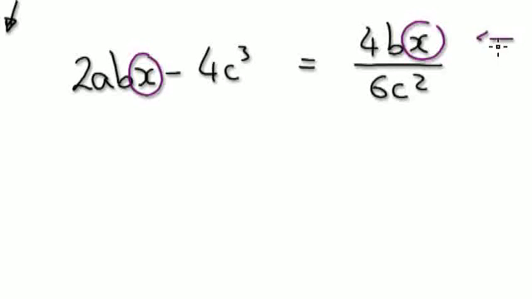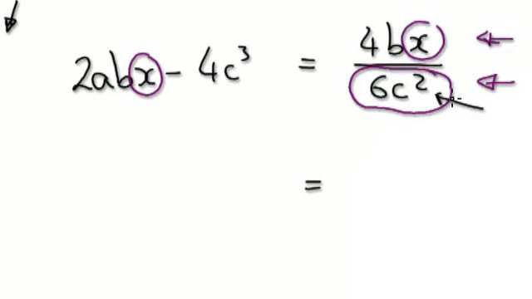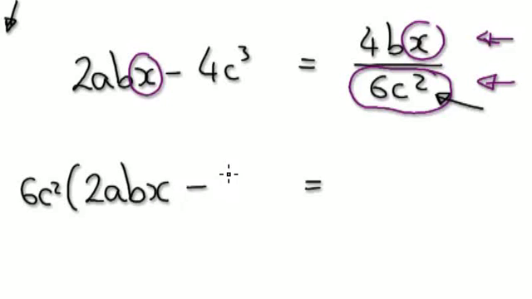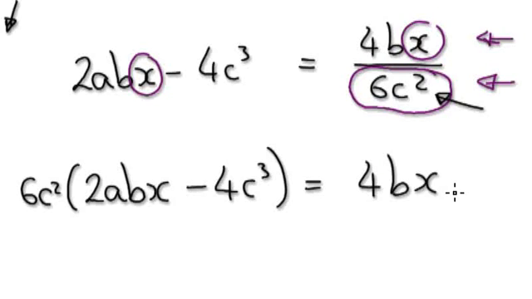You've got 2 layers here, 1, 2. So let's times both sides by this thing here, and then everything will be on one layer. So times both sides by this bubble here. So 6c squared bracket 2abx minus 4c to the power 3, close it, equals 4bx.